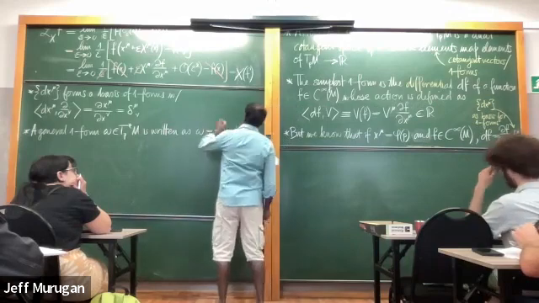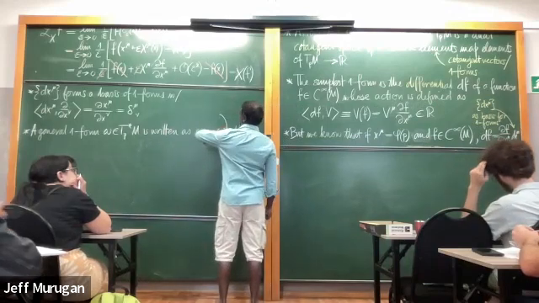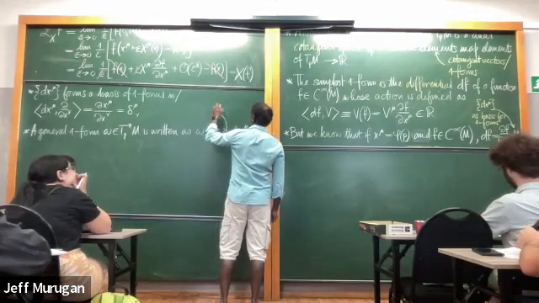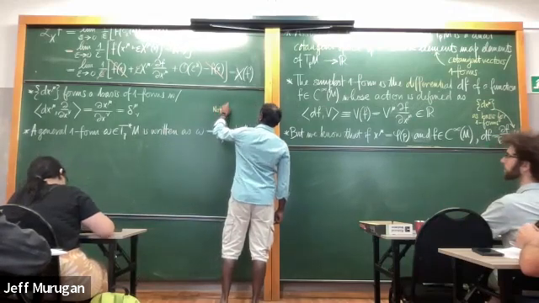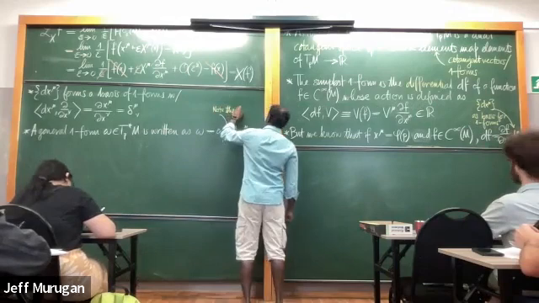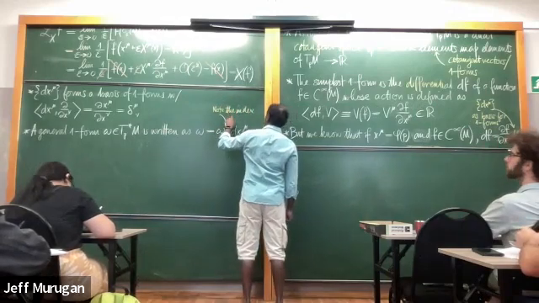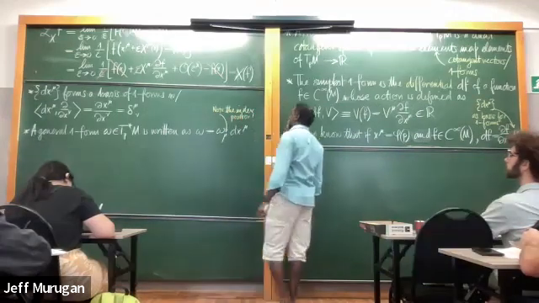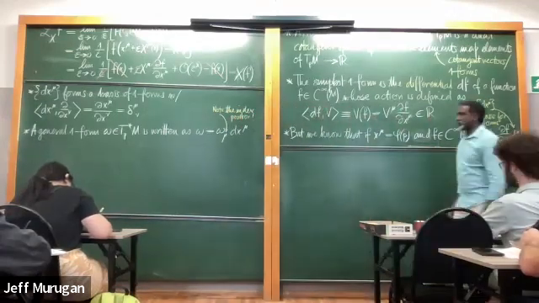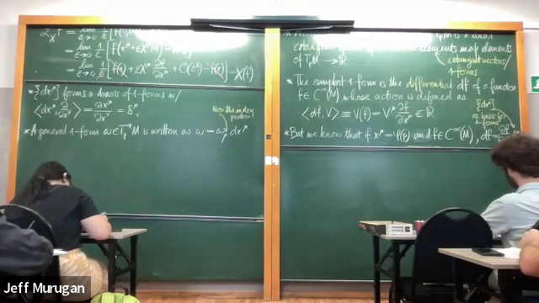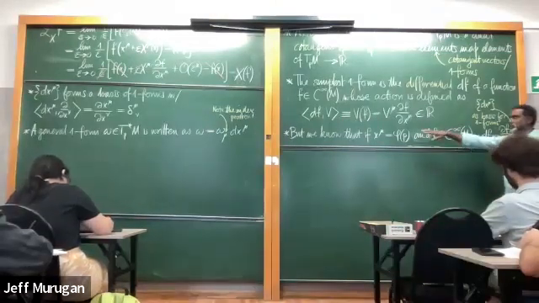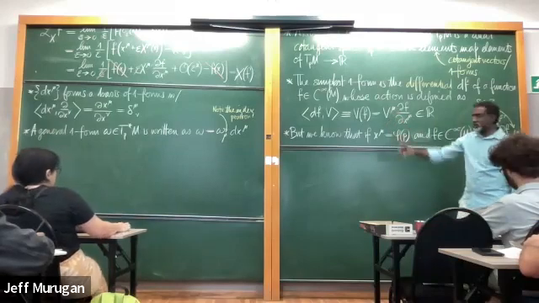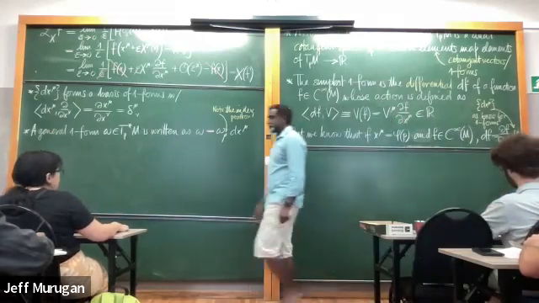Note the position of the index. The components of a one form have downstairs indices, and the components of a vector have upstairs indices, as we discussed in the class.